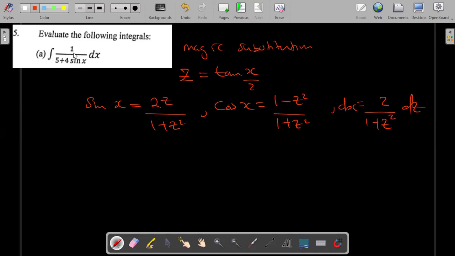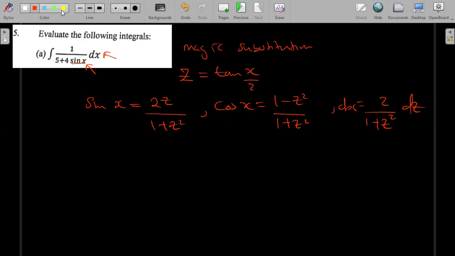We see here that we have the integral given as 1 over 5 plus 4 sine x dx. So we can replace our dx and our sine with what we have here.